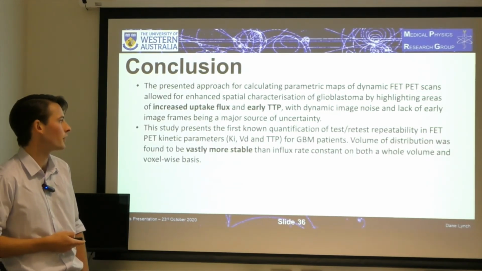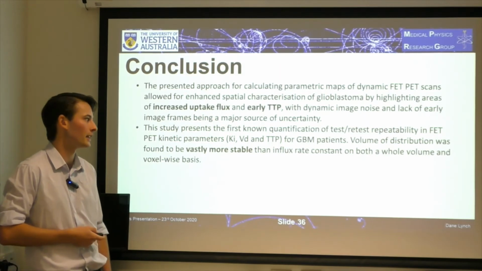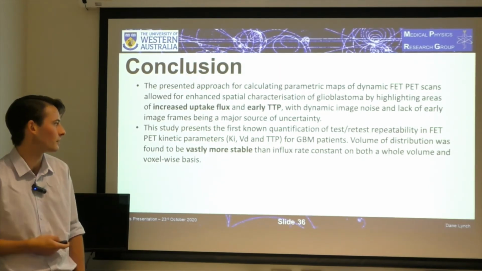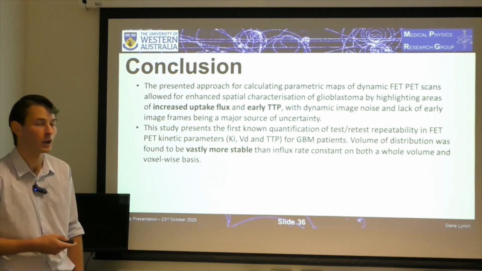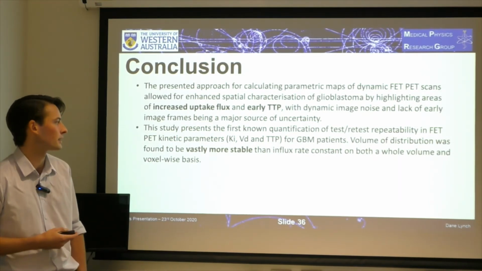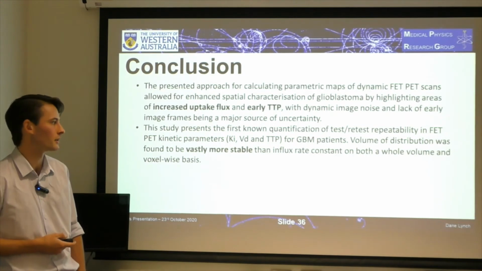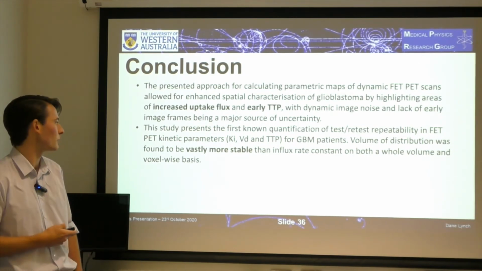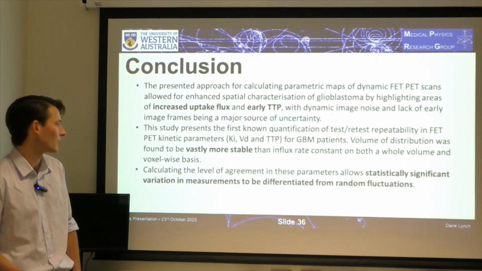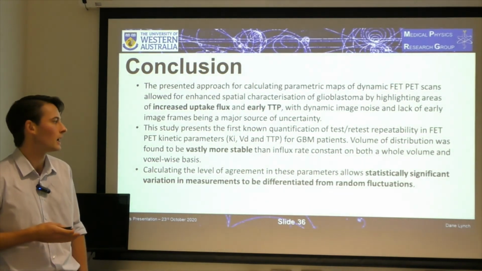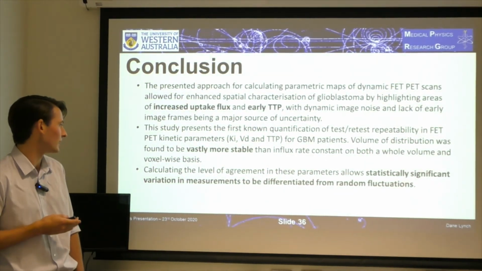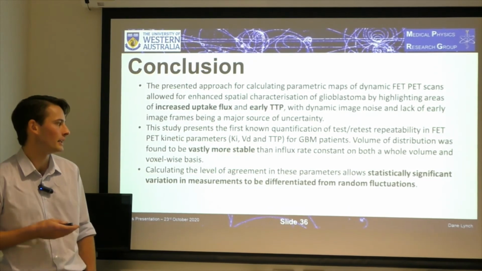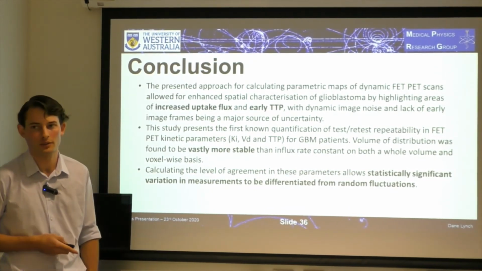This study presents the first known quantification of test-retest repeatability in these kinetic FET parameters for glioblastoma patients, with volume of distribution being vastly more stable than the influx rate constant on both a whole volume and voxel-wise basis. Calculating the level of agreement in these parameters allows for statistically significant variation in measurements to be differentiated from random fluctuations.